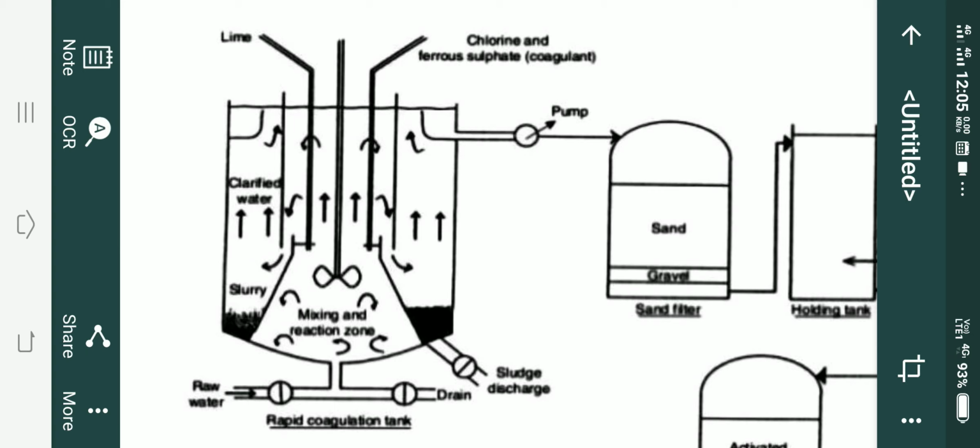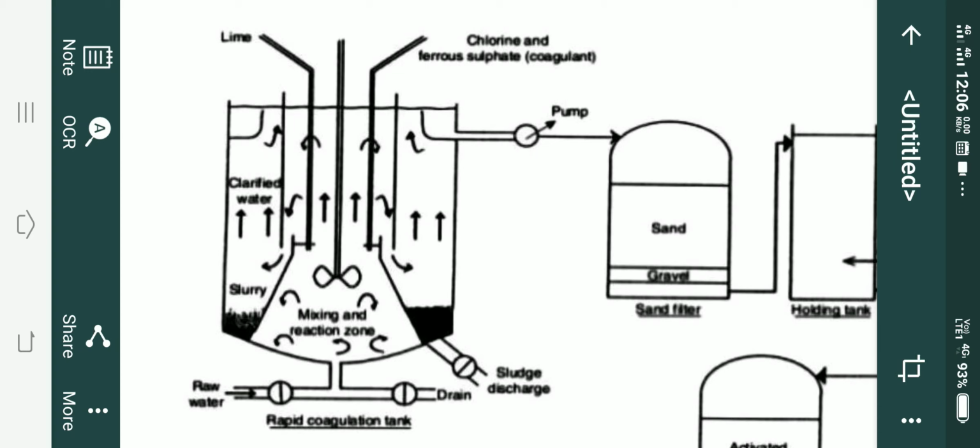So clarified water can be collected from here, and the mixing and coagulation reaction will happen here, and raw water input is from here, and the slurry goes out from here. The coagulated slurry goes out from here, and it is the drain to clean the system.